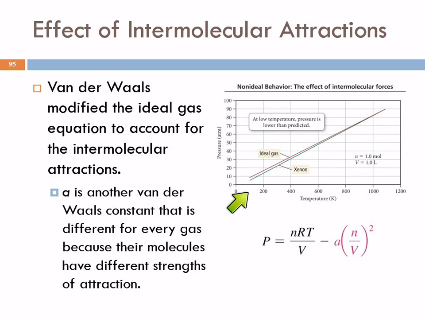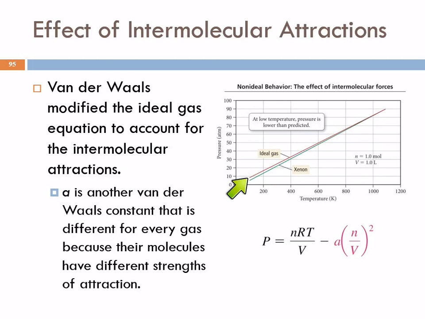So for xenon, we see as we get down, so here's room temperature, right, 373, and a pressure of 30 atmospheres. That's pretty high. But we see a little bit of difference between the ideal gas and the xenon.